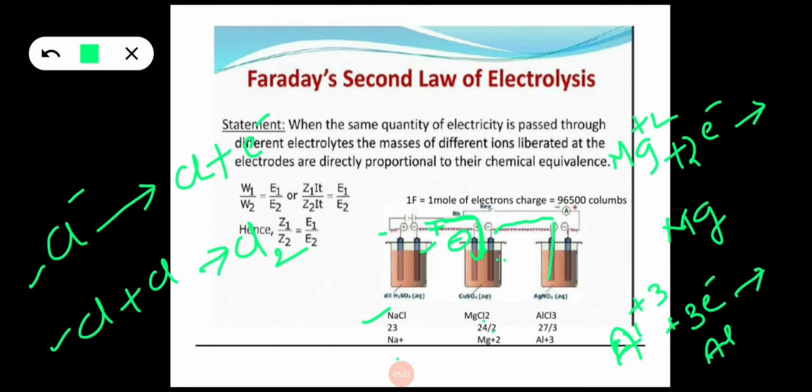If 1 mole of sodium chloride is taken in the solution, then 1 mole of sodium chloride will contain 1 mole of sodium ions and 1 mole of Cl minus ions. These will take 1 mole of electrons from the battery, and 1 mole of sodium ions will be deposited on the electrode.